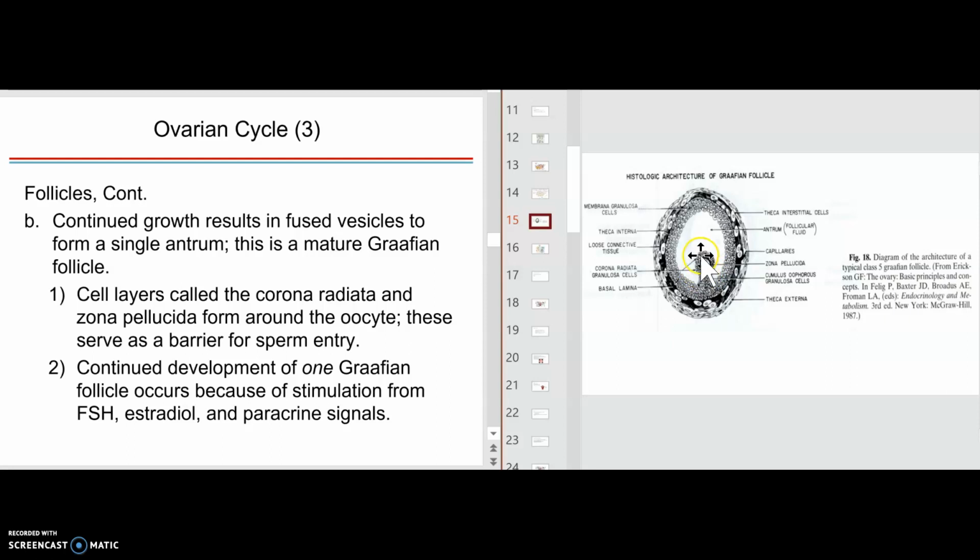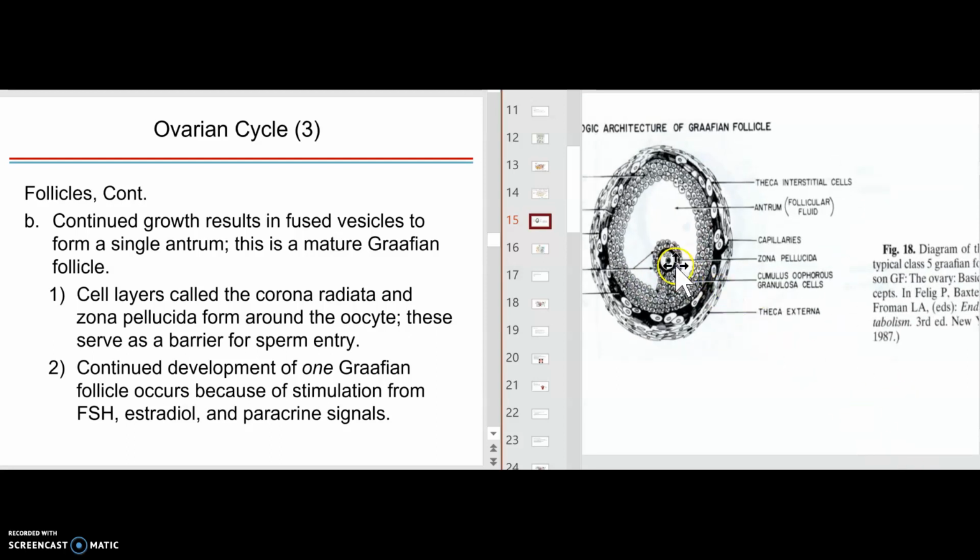Now these granulosa cells that surround that oocyte itself are called the corona radiata, the accumulation of those, corona radiata. And inside here, let me blow it up a little bit, inside here is a layer of a glycoproteinaceous structure surrounding the egg, primary oocyte, called the zona pellucida.